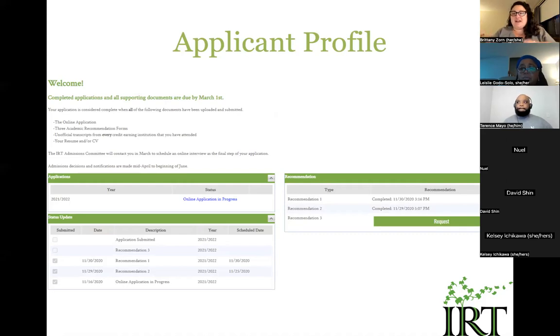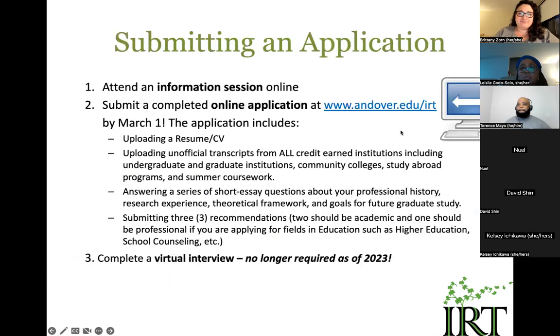So you can still make changes to your recommenders even after you submit your application proper, and it's all done from the applicant profile. And just make sure you communicate if you have any concerns about your recommenders getting all their recommendation forms in.